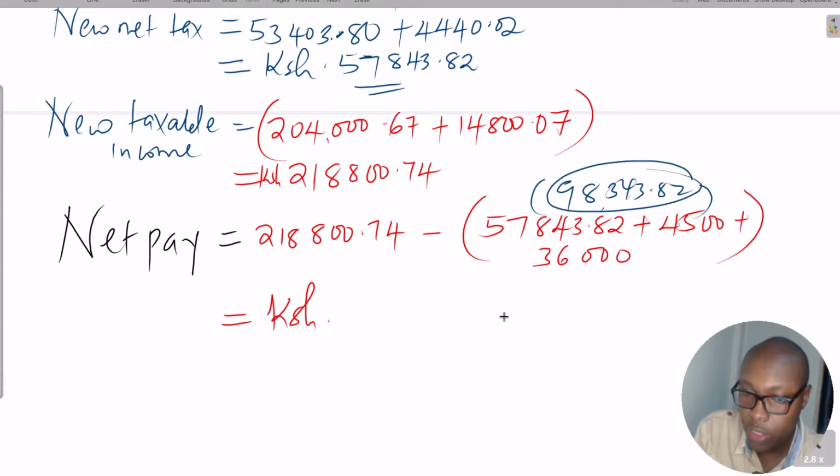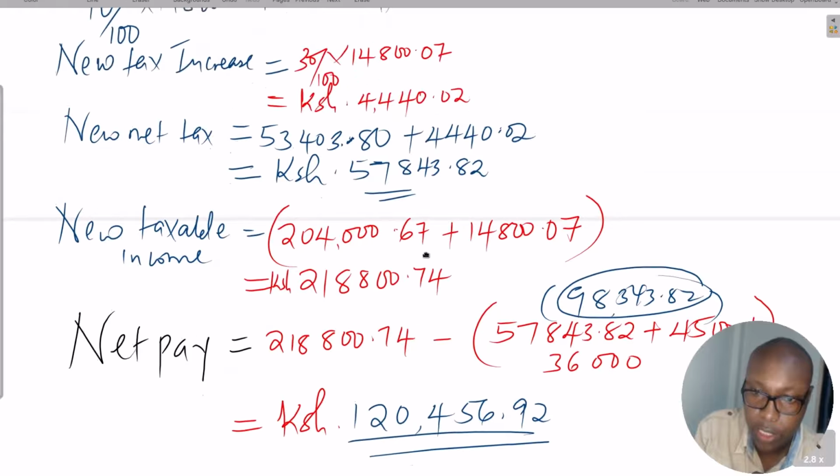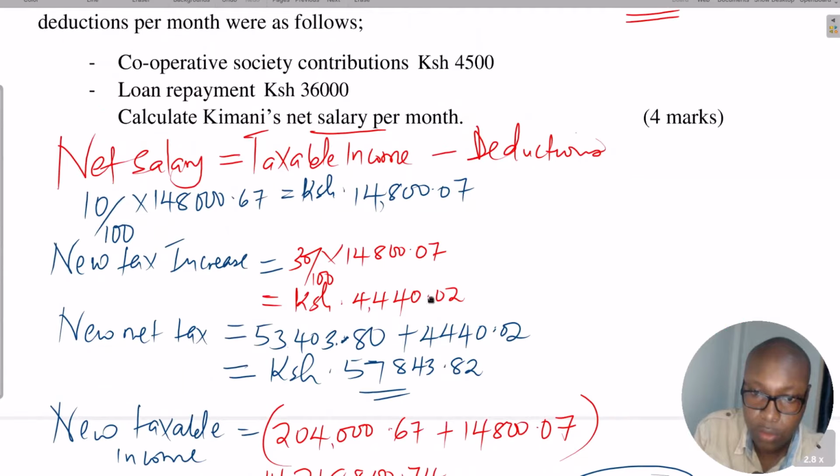Now when you subtract these from 218,874, you'll get 120,456 and 92 cents. So that is what you get, and that is how you solve that question. Thank you.